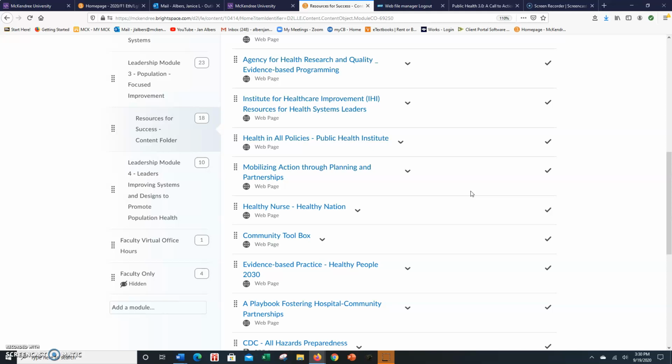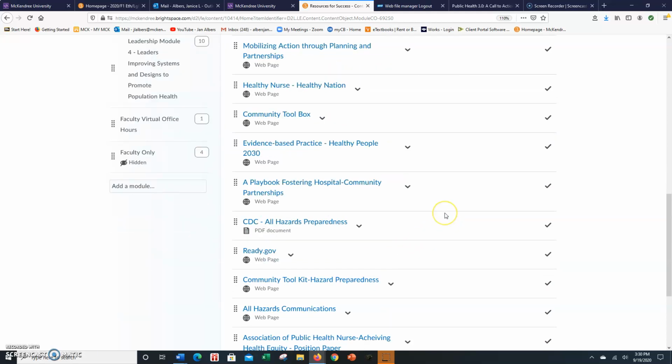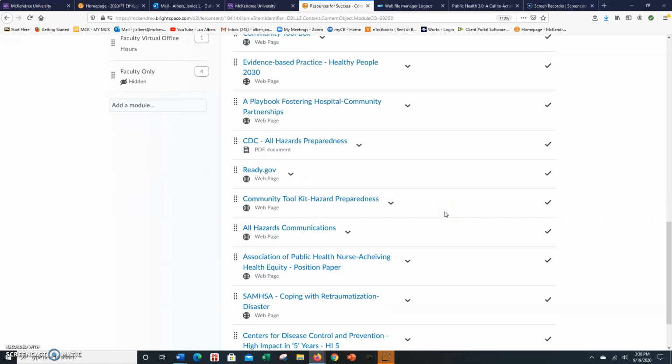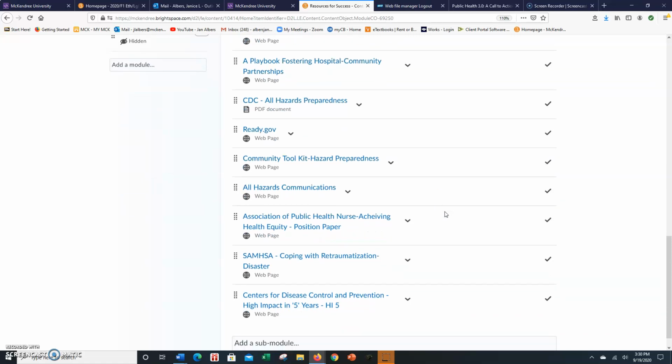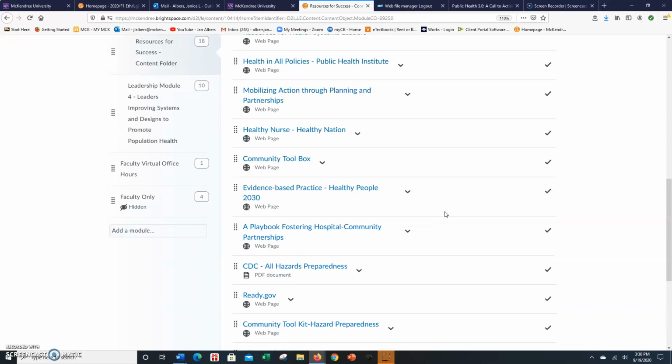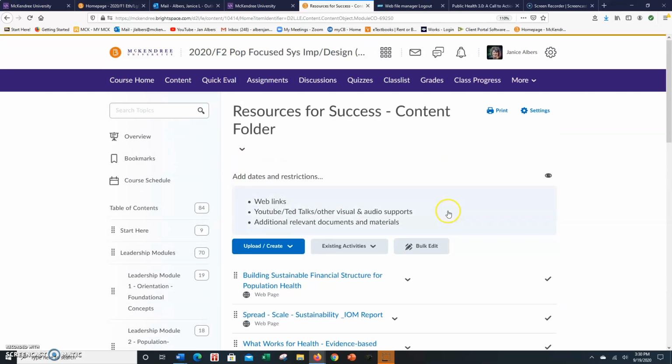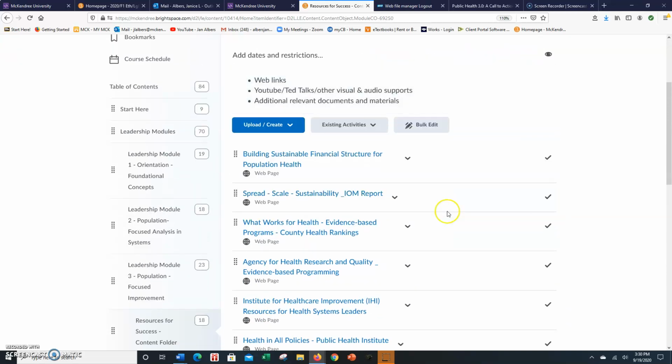And know that there are evidence-based practices embedded within Healthy People and the CDC. There's also information out there through SAMHSA. So know where to look for some of those impactful evidence-based practices that are out there in population health.